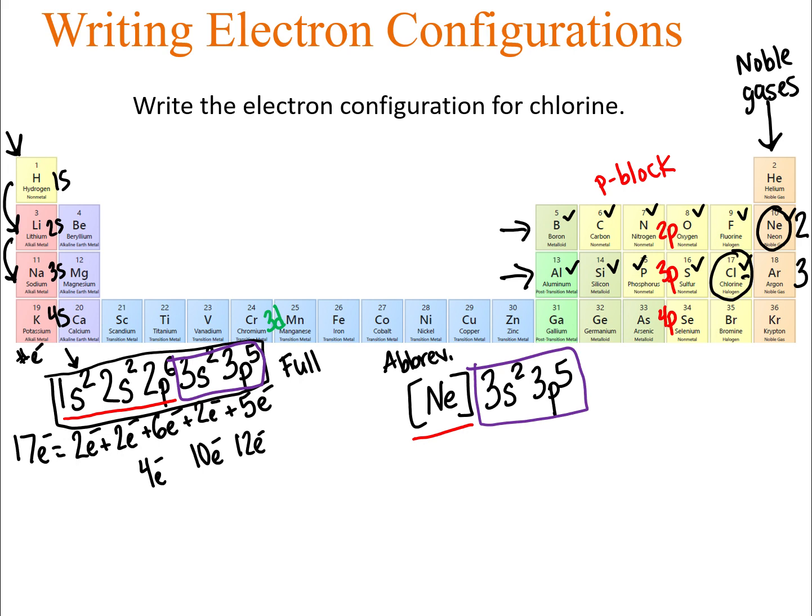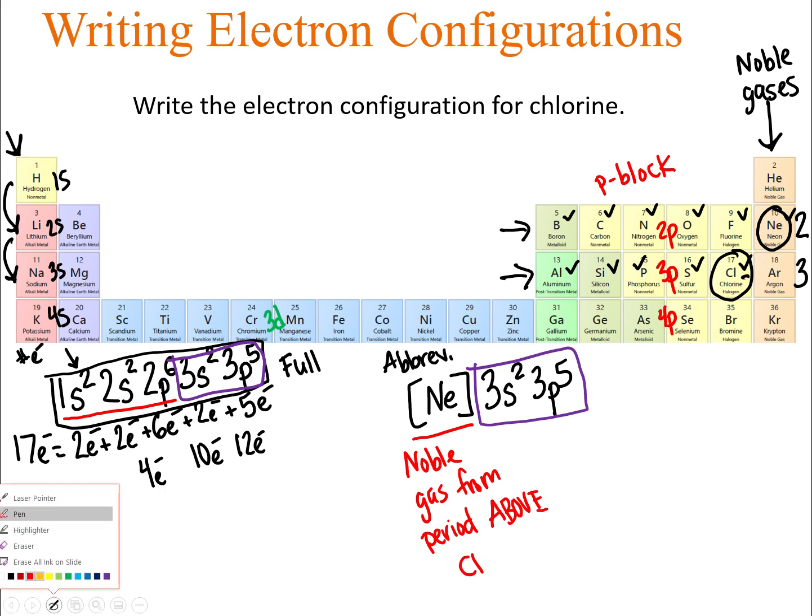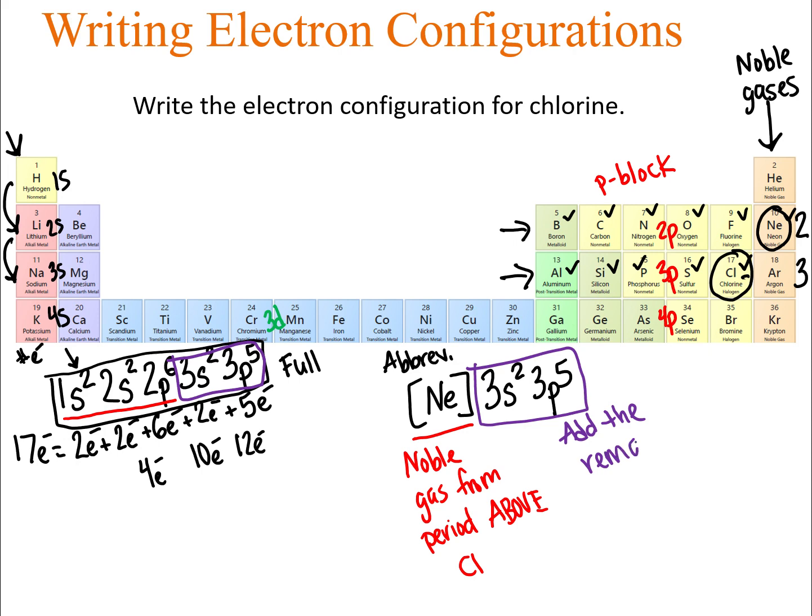So we took the noble gas from the period above chlorine, and then we added on what was in the same row. So those remaining electrons we have to place.